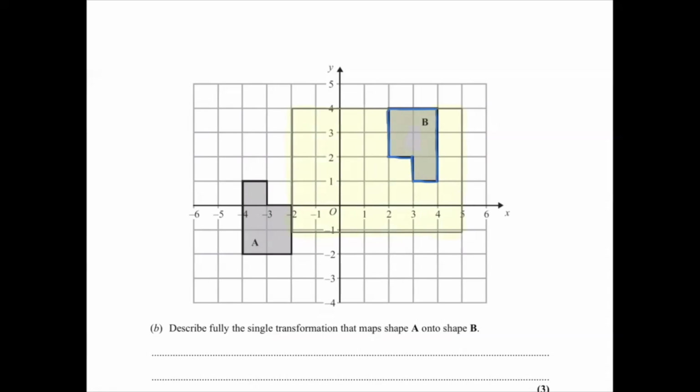And then you would use your pencil to stab at the origin, and you hold your pencil at that point, and then you can twist the tracing paper with it pinned to the page. As you twist it, you are looking to see if it will land exactly on top. Now, when you twist that, it doesn't quite land on top, but it does take the shape after you've done half a turn. So it's definitely a rotation.